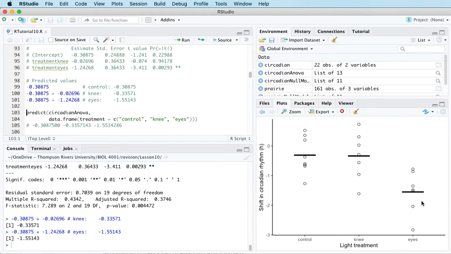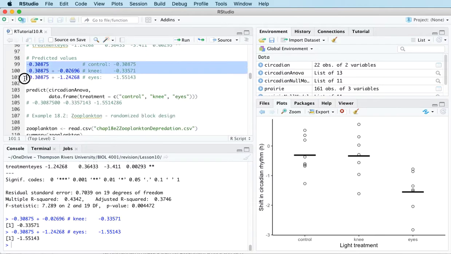Okay, so for the eyes treatment, this is much more negative, much lower on the graph than these other two levels. So there's a bigger negative shift in the circadian rhythm for people having the light shone in their eyes, as opposed to people having the light shone on the back of their knees and people who don't have a light shone anywhere.